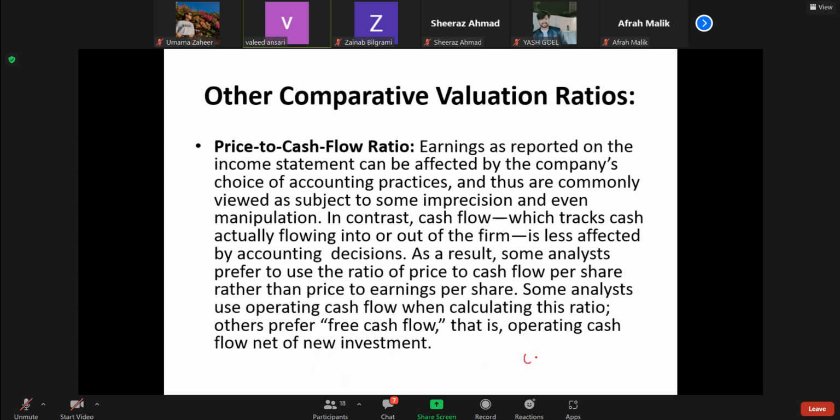For now, I will tell you only this thing, because when we talk about financial statements, I would advise you to please go through your first year classes, whatever you studied in accounting, and you should be aware of what the balance sheet is, what the income statement is, and what the cash flow statement is.